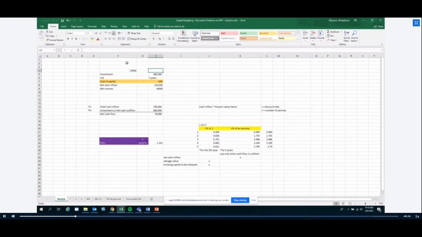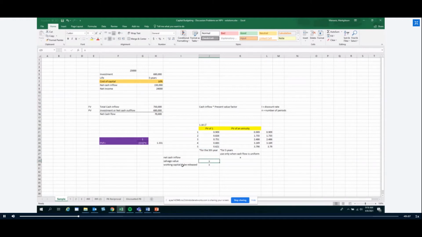So towards the end of the 5th year, we'll get 25,000 pesos salvage value, no? So in that case, we'll need to use present value of 1. Kasi ito yung pwede mag-express nung future value for the 5th year. Ito is per year, no? So in that case, 0.621.